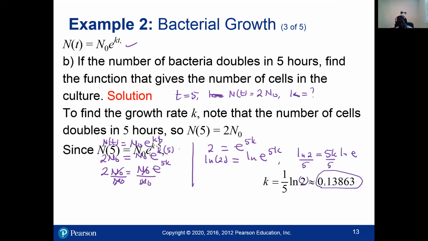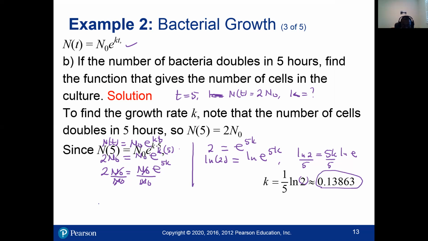Now, I want to warn you, when you find the value of k, leave it at least 5 decimal places, so that the final answer doesn't become too much of a difference. All right, so in this case, my k is that.